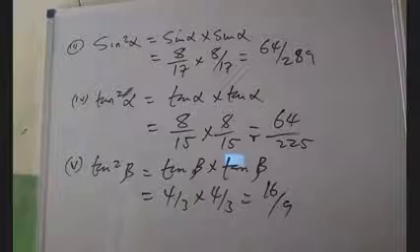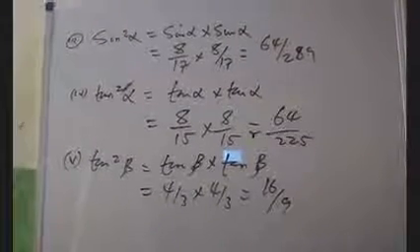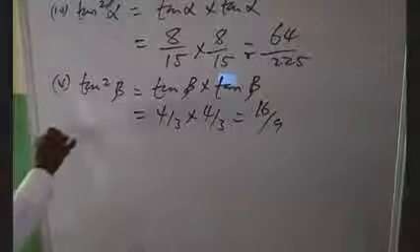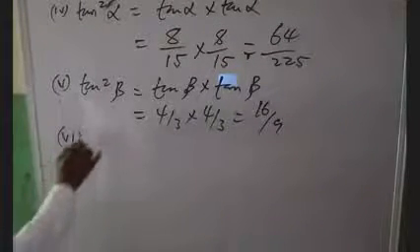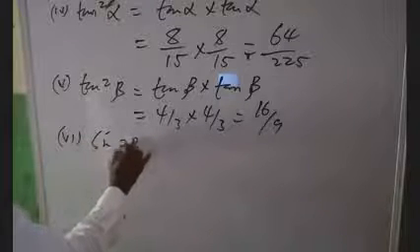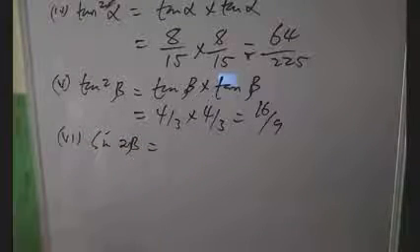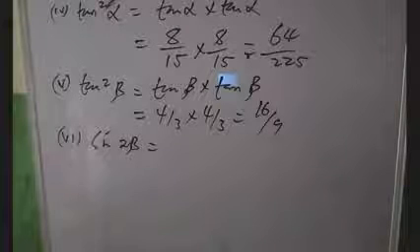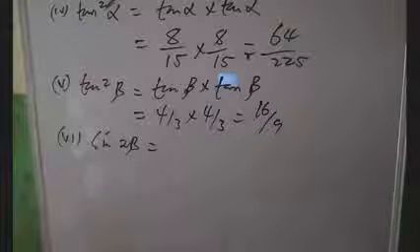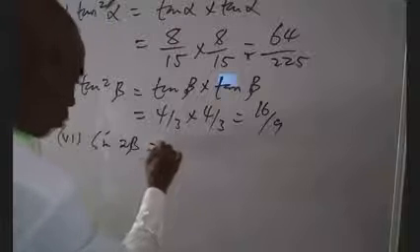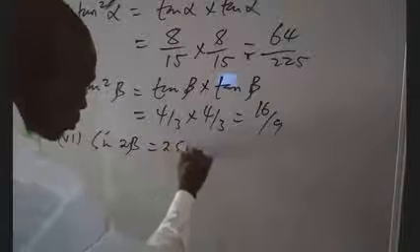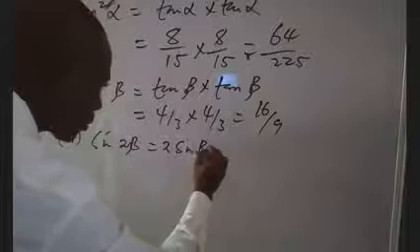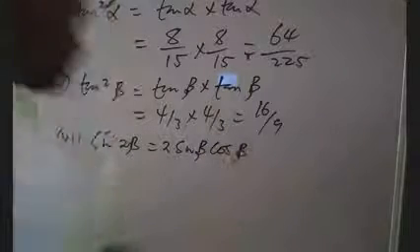Then we have sine 2 beta. Sine 2 beta is the same thing as 2 sine beta cos beta.